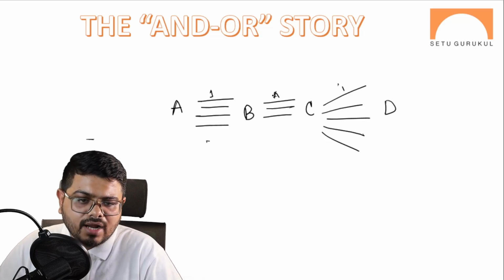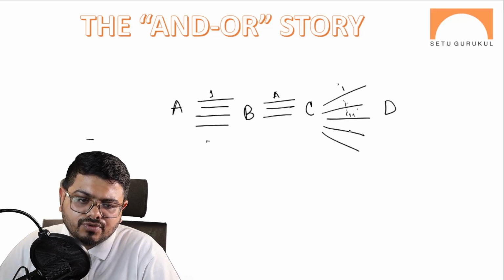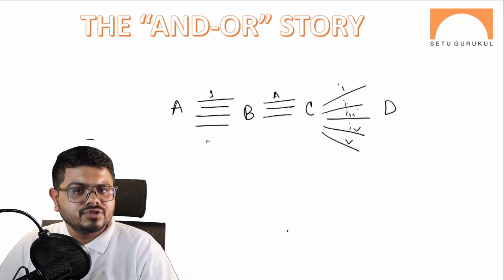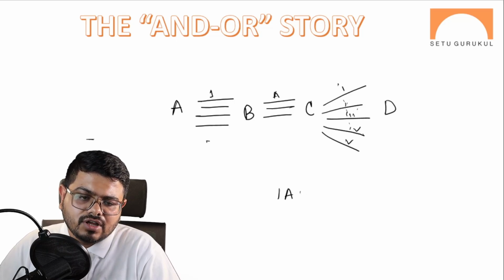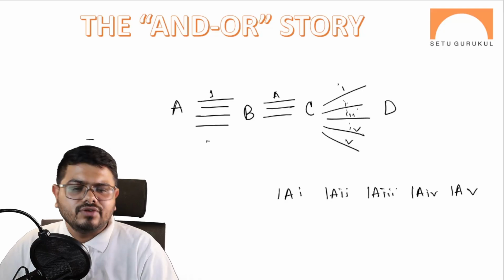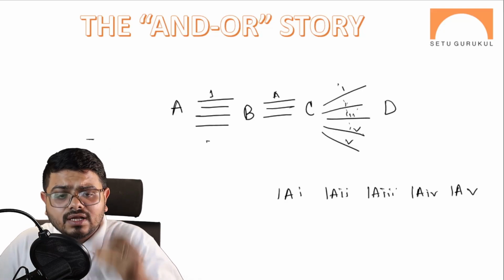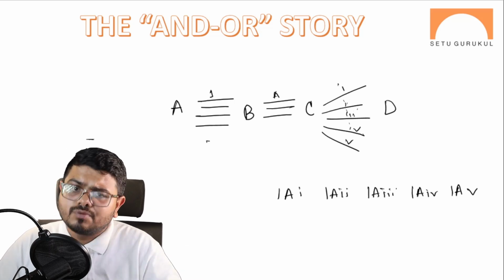So flight 1A will have a total of 3, 4, 5 options altogether. So 1A itself will have 1A1, 1A2, 1A3, 1A4, and 1A5, right? Similarly, 1B would have 5 options again.